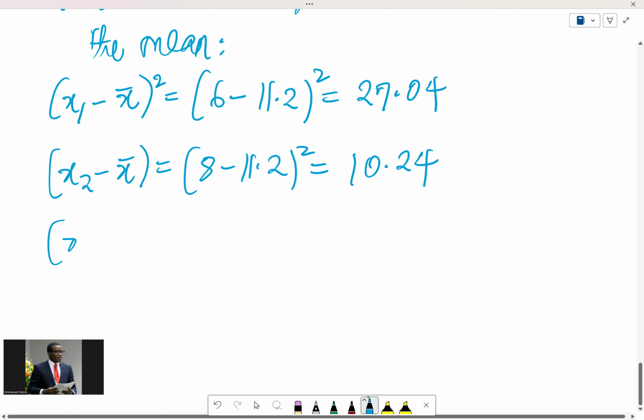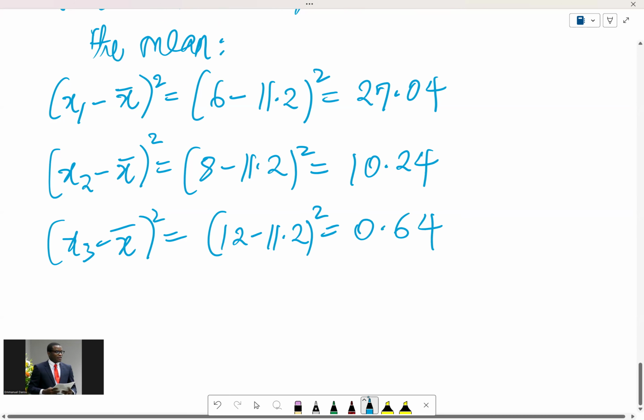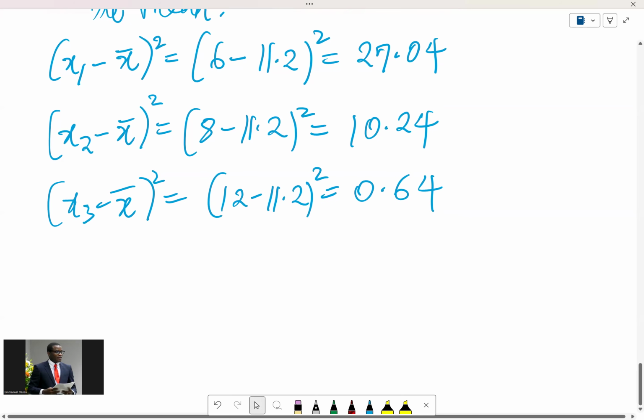And then you have x3 minus x bar squared. The third point is 12, right? So you have 12 minus 11.2 squared, and that is 0.64, because 12 minus 11.2 is 0.8, and 0.8 squared is 0.64.